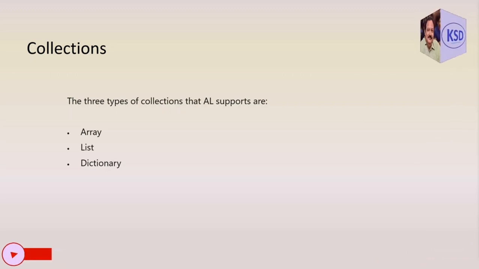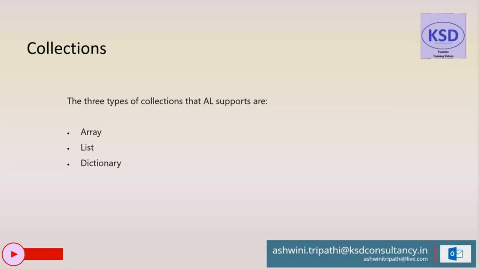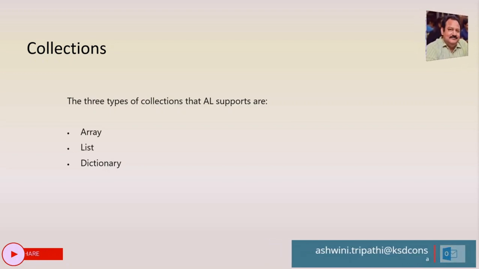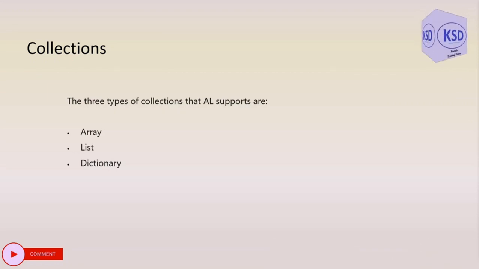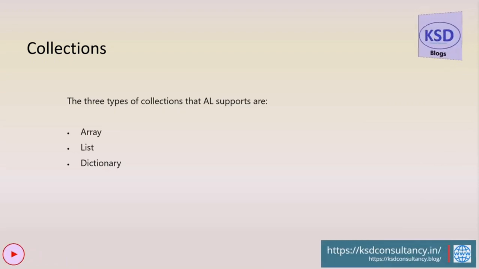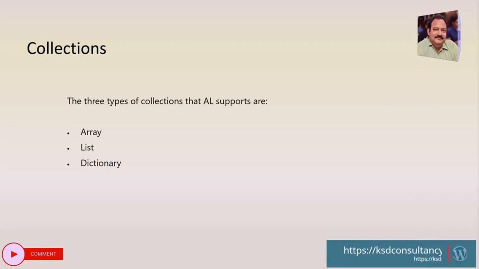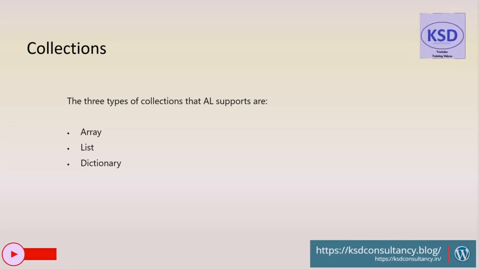For example, you can't add date values in a collection that only allows integer values. If you want date values, you have to define a different collection. A date, integer, decimal, and all kinds of values cannot be stored in a single complex data type.